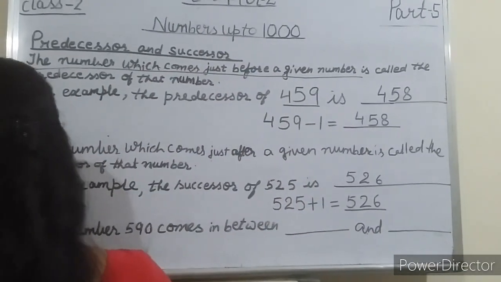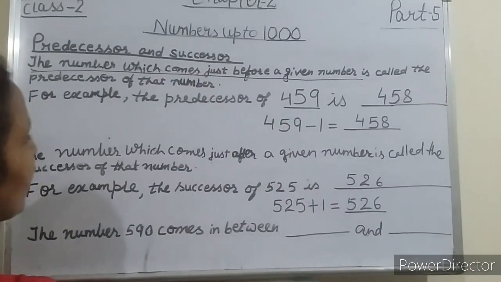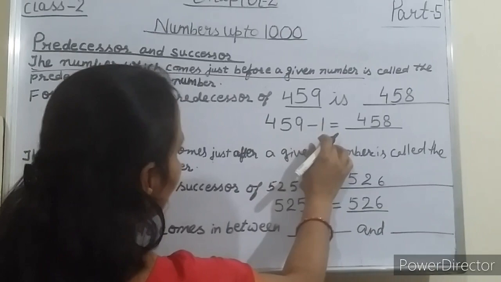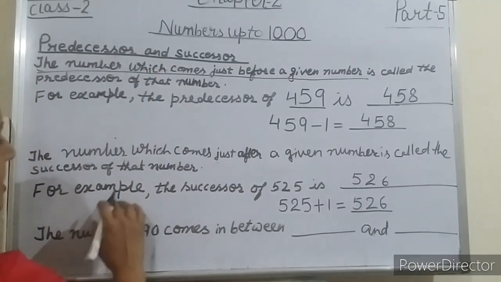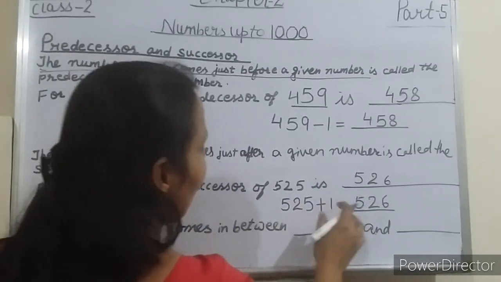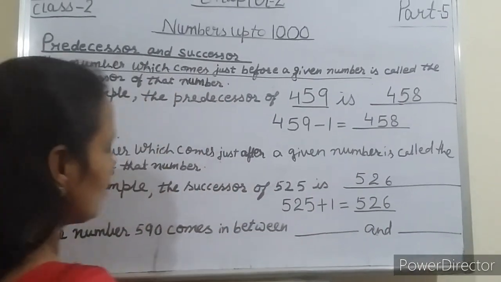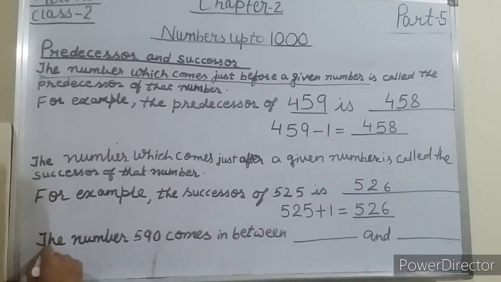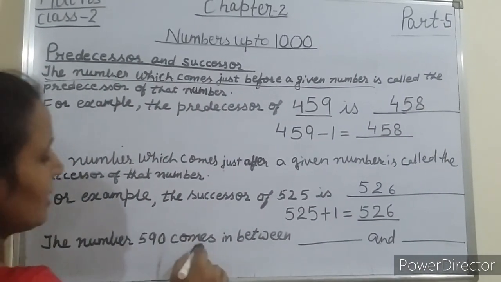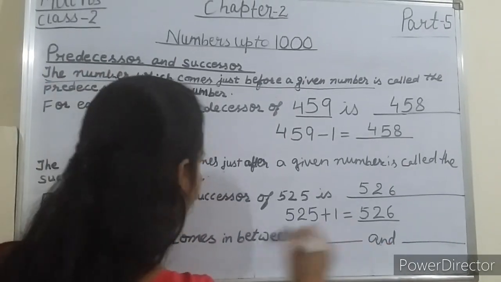So to find the predecessor of the given number, we subtract 1, and to find the successor of the given number, we add 1. Now students, start this question. The number 590 comes in between dash and dash.